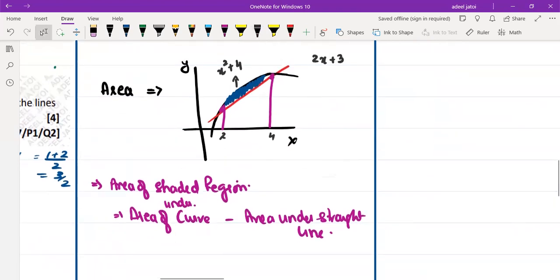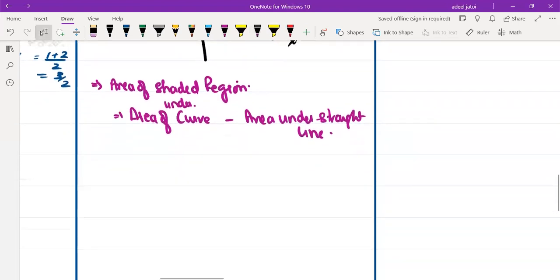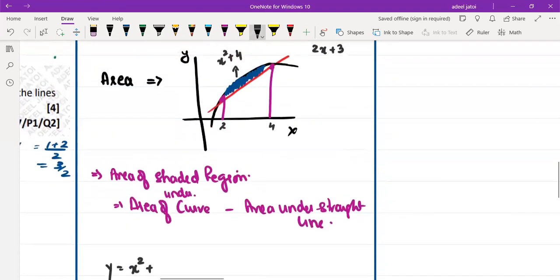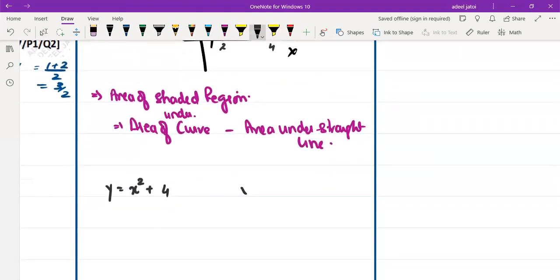So if we have limits for both that are same, which is 2 and 4, and 2x plus 3, what we need to do is, we will be solving the curve x square plus 4 and the line which is 2x plus 3.